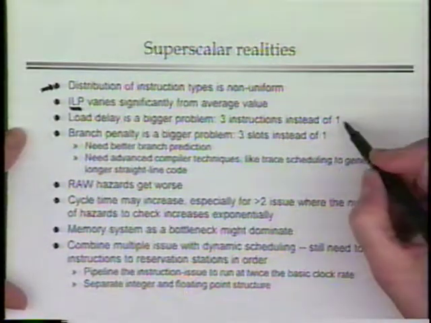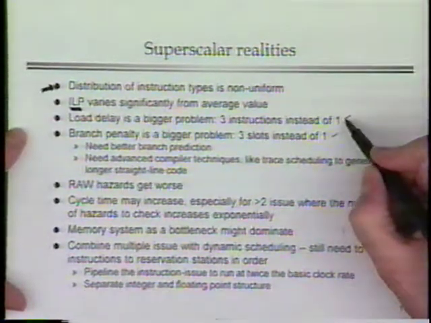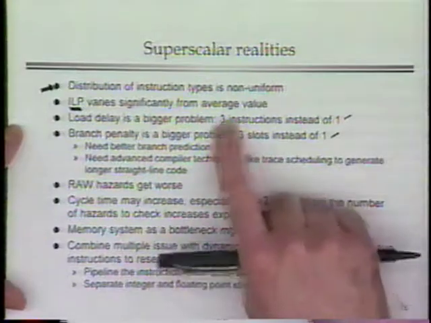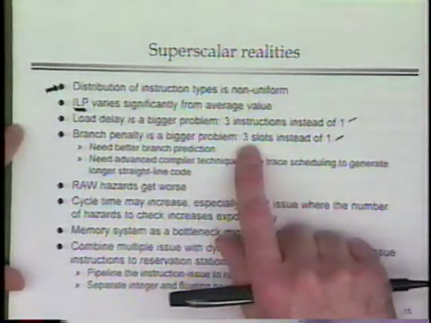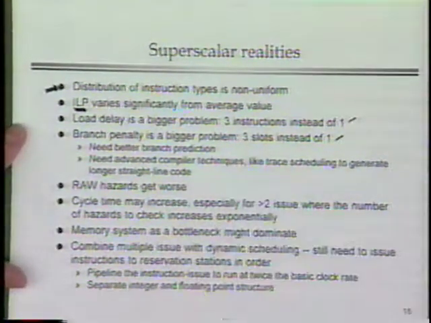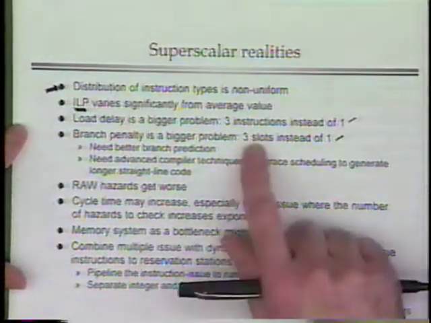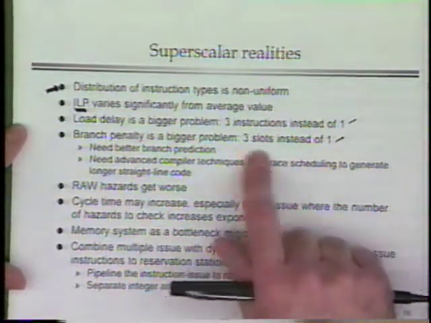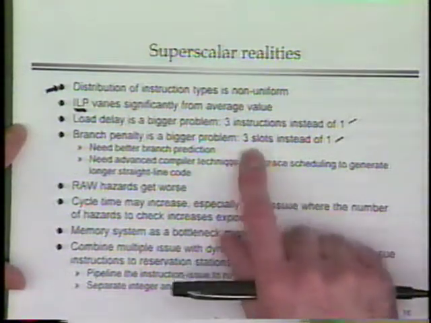I mentioned that load and branch delays are now a bigger problem because you count number of cycles and not instructions, and you now have multiple instructions that are being skipped even though you only have a single cycle delay. Branch penalties are a problem. You now may have, if you choose to do it, 3 delay slots for branch.